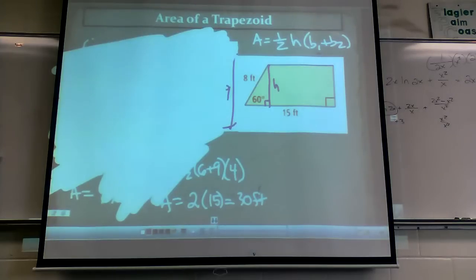Okay? So I don't really care how you go about it, but no matter how you go about it, you're pretty much stuck with this triangle, finding this side here, the h, the height, and finding that side right there. If I do it with 30, 60, 90s, remember this is the longest side, so the shortest side right here is just half of that. So if that's 8, this is 4.